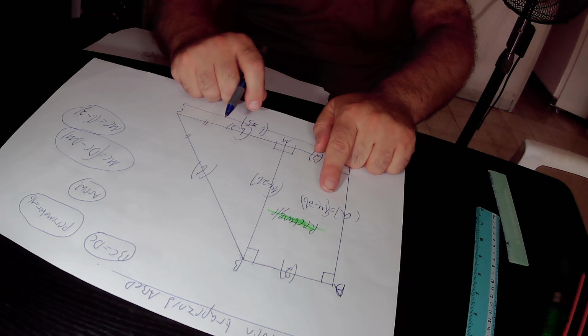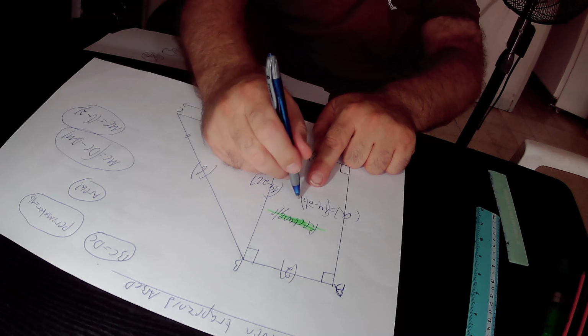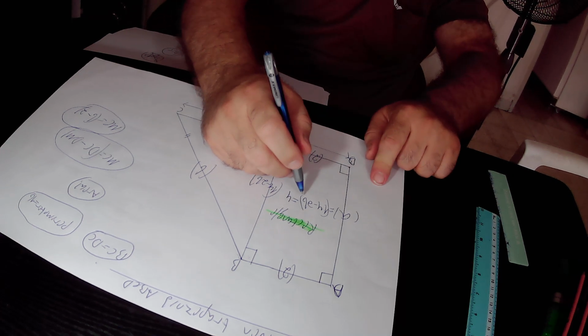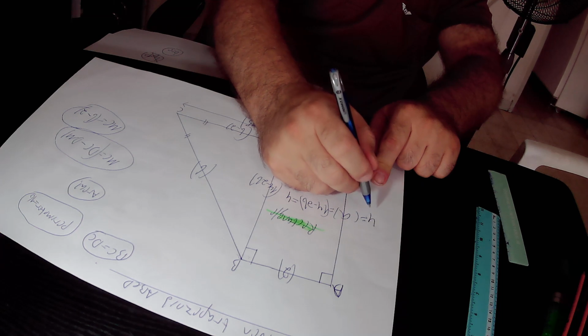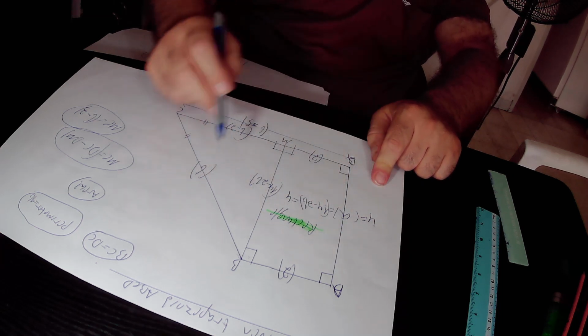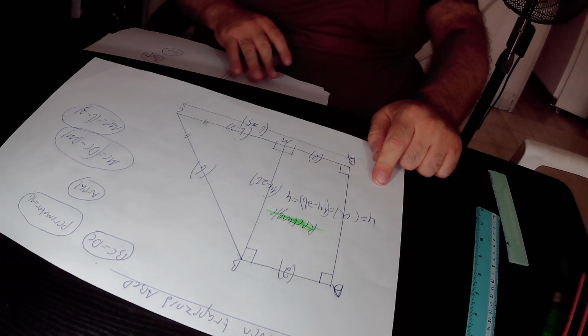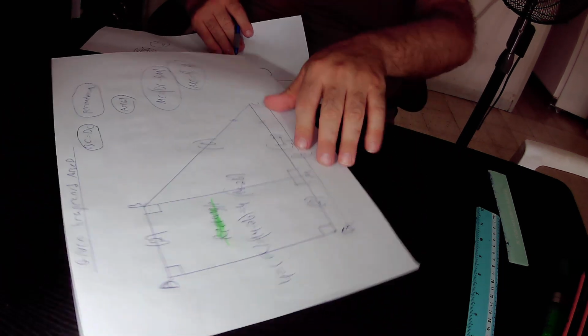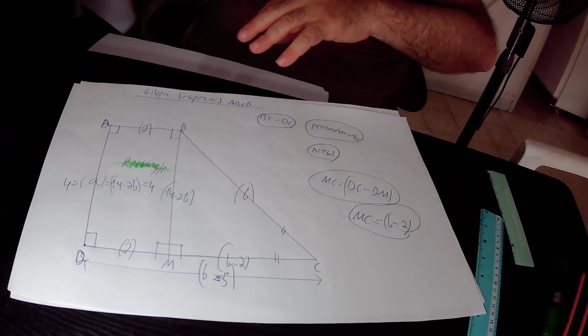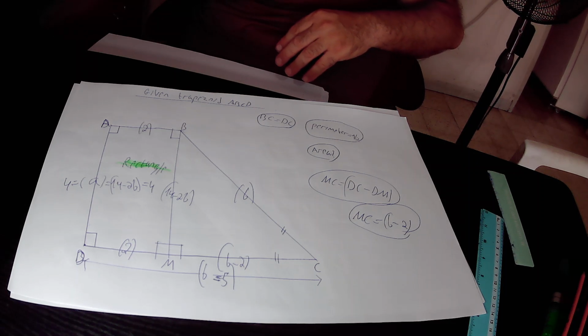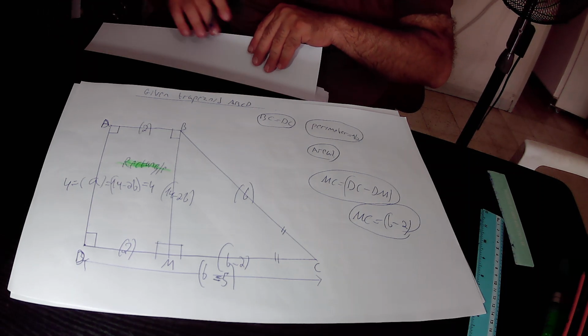And a equals 14 minus 2b, that is 14 minus 10, that is 4. a equals 4, AB equals 2, and DC equals b, that is 5. So our mission is to find the area of this trapezoid ABCD. So what is the area of trapezoid ABCD?